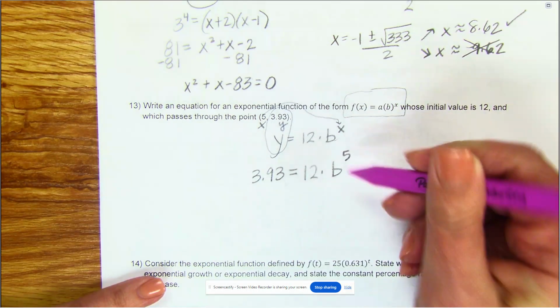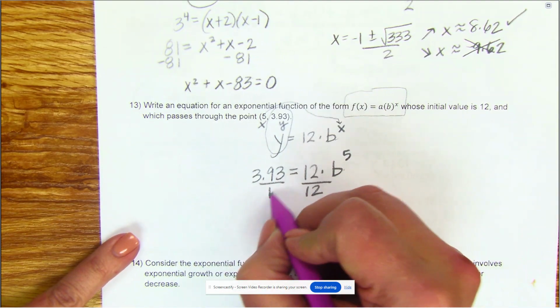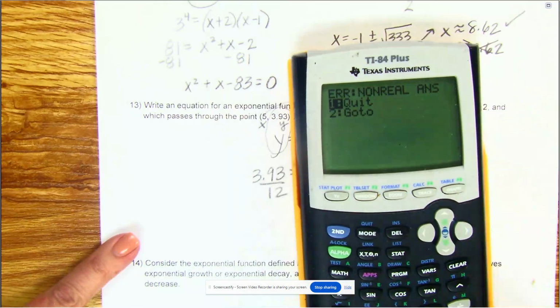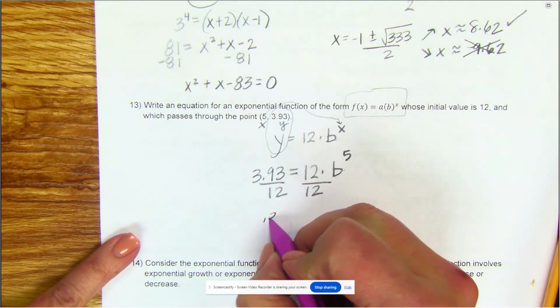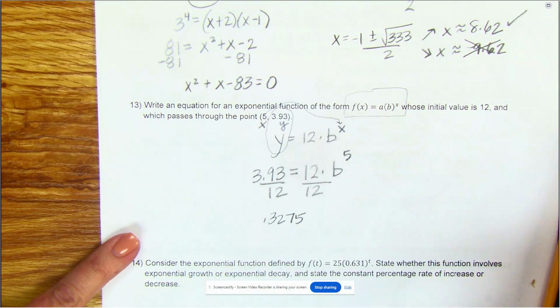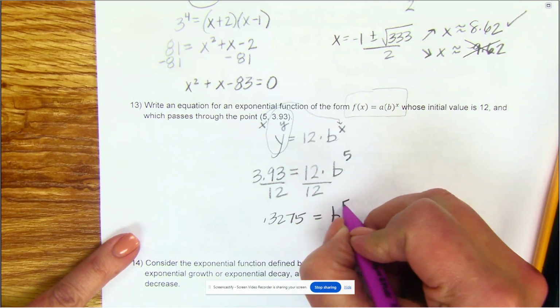Trying to figure out what the growth rate is. So I'm going to divide both sides by 12. 3.93 divided by 12, 0.3275. And then that's some number to the 5th power.